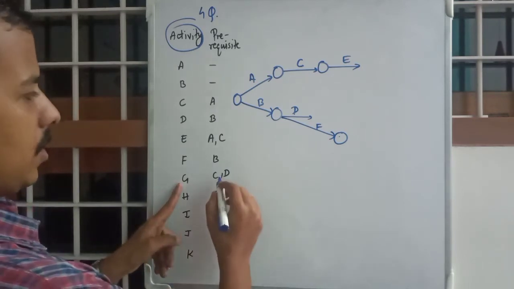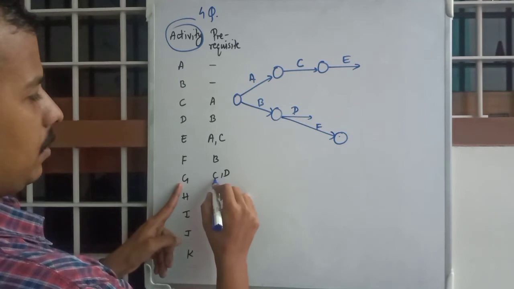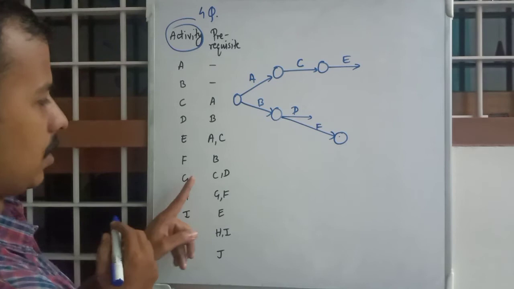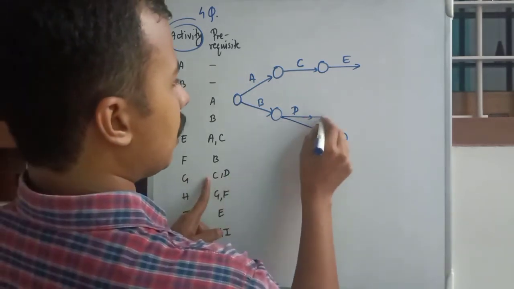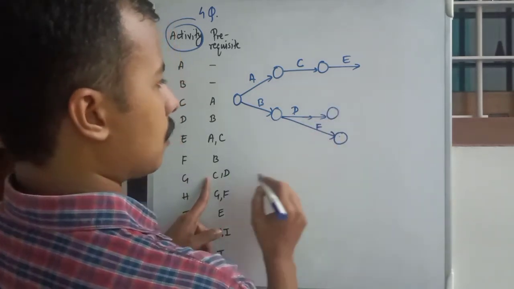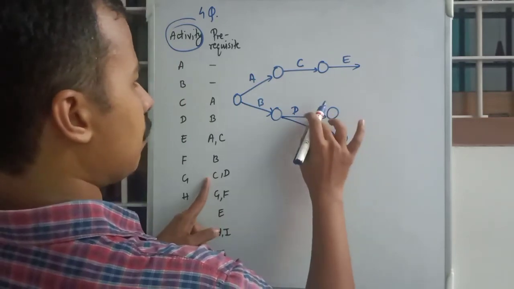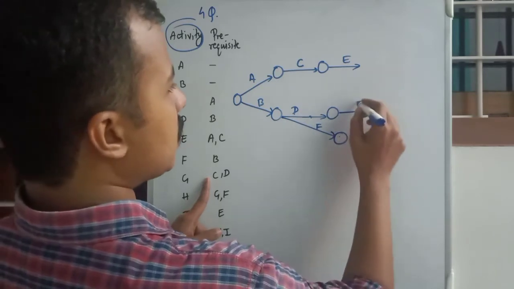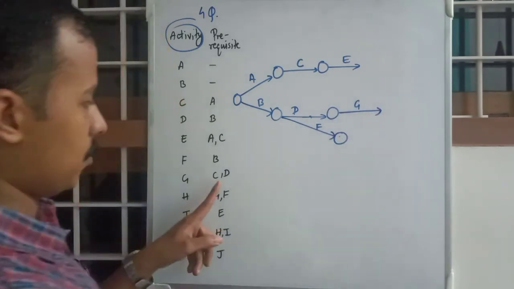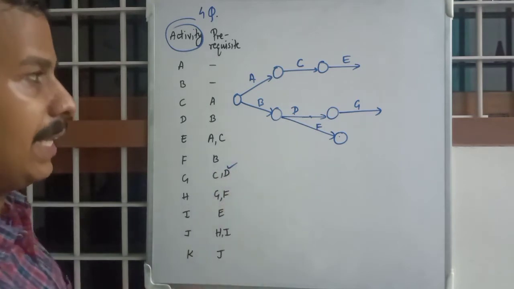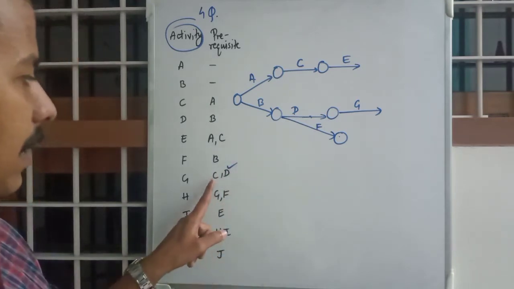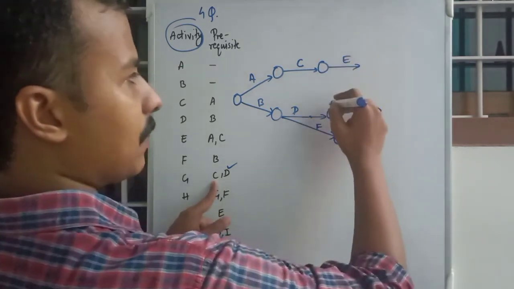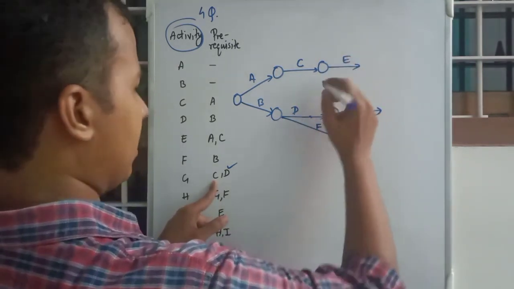And next one, G. G has prerequisites C and D. That means either you can draw like this. C and D means D is complete by here. If this is G, so you have completed D, complied with D, then C is remaining. You cannot connect this with an activity unless there is a real activity enlisted here.